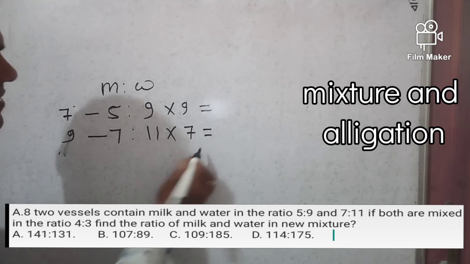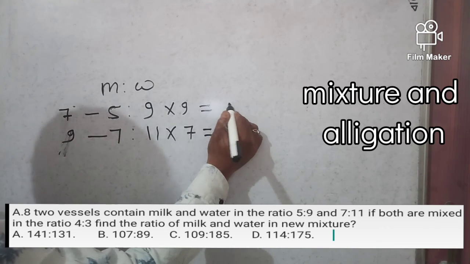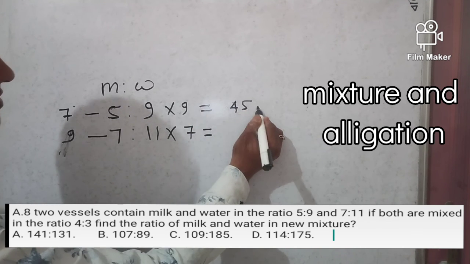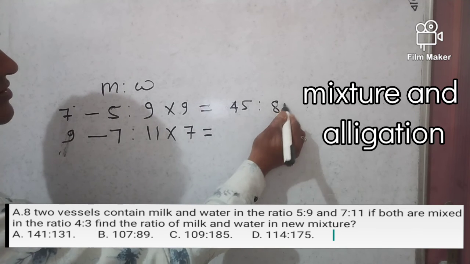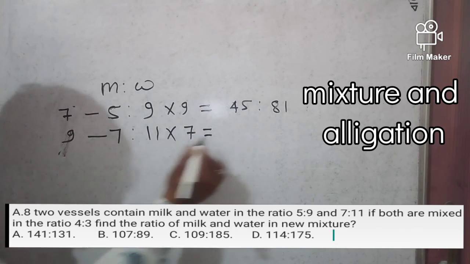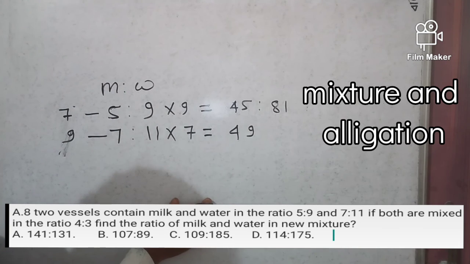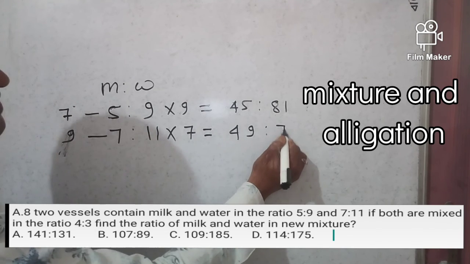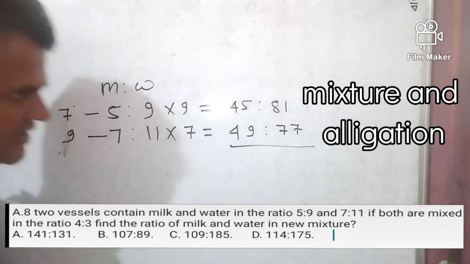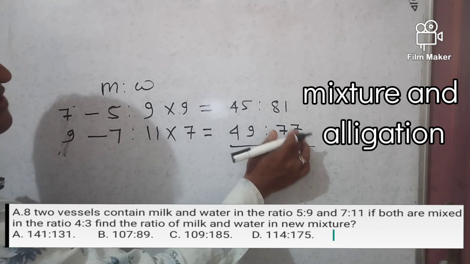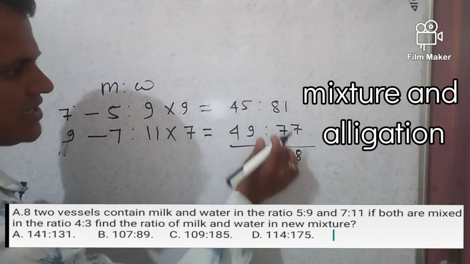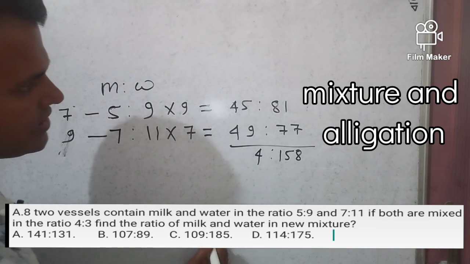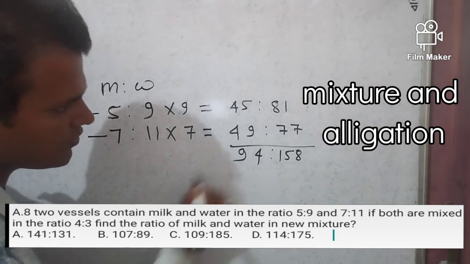So the new ratio will be 9 times 5 is 45, and 9 times 9 is 81. Second, 7 times 7 is 49 and 11 times 7 is 77. Now add them. 7 plus 1 is 8, 8 plus 7 is 15, 9 plus 5 is 14 and 4 plus 4 is 8 and 1 is 9.